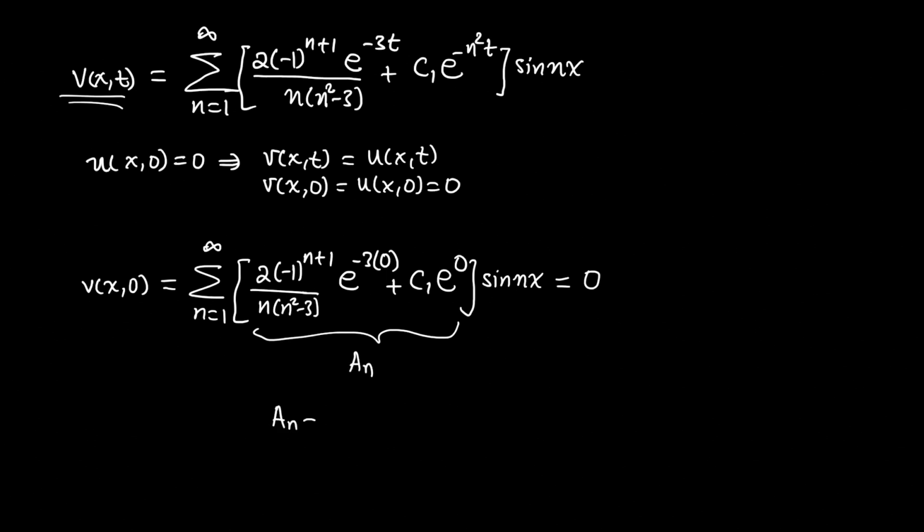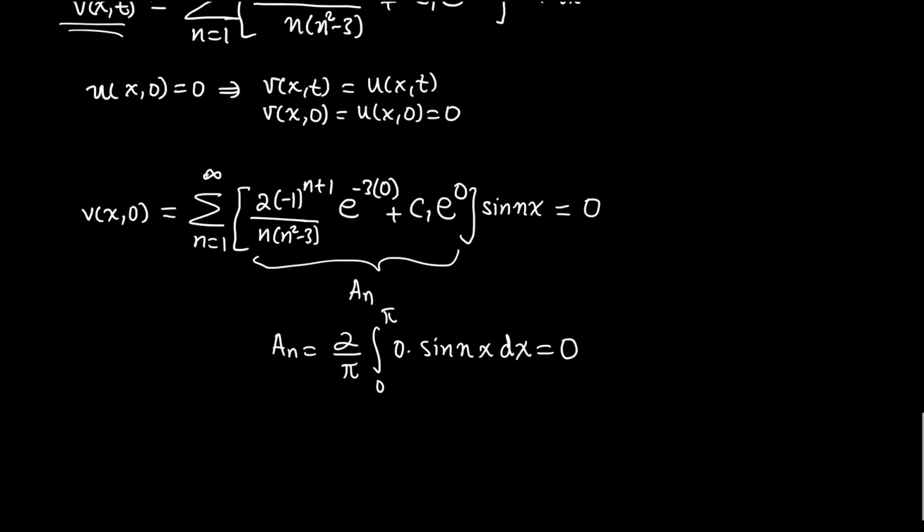Then an is equal to 2 over pi, integral from 0 to pi of the function that was given for the initial function, times sine of nx, which is just 0. So that means c1 plus 2 times (minus 1 to the n plus 1) over n squared minus 3 is just equal to an, which is 0.